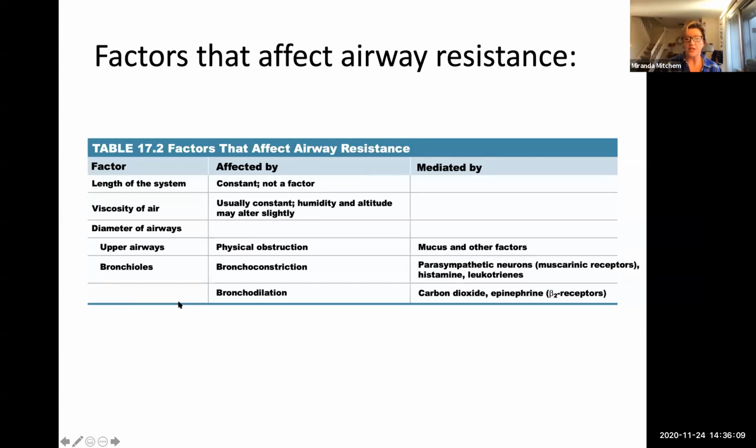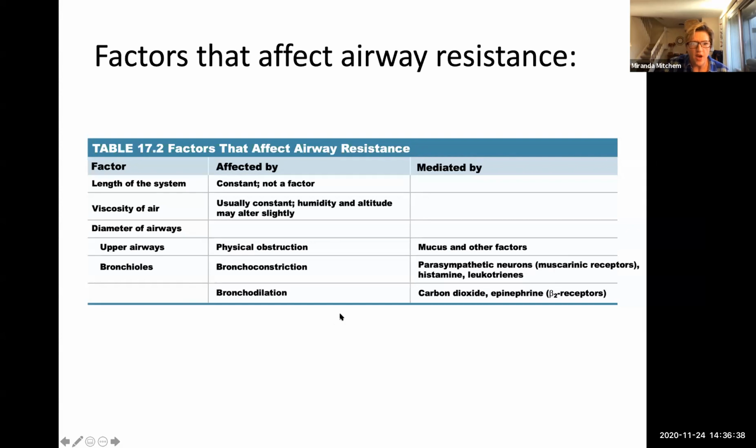So obstructions of the upper airway or constriction of the lower airways. That would be the bronchioles, since they are the airways that have muscle wrapped around them. Those are the airways that can constrict under command and relax. So they are under parasympathetic nerve stimulation.